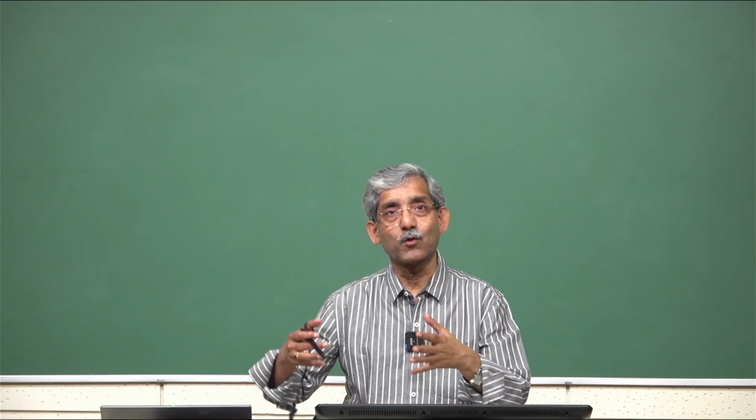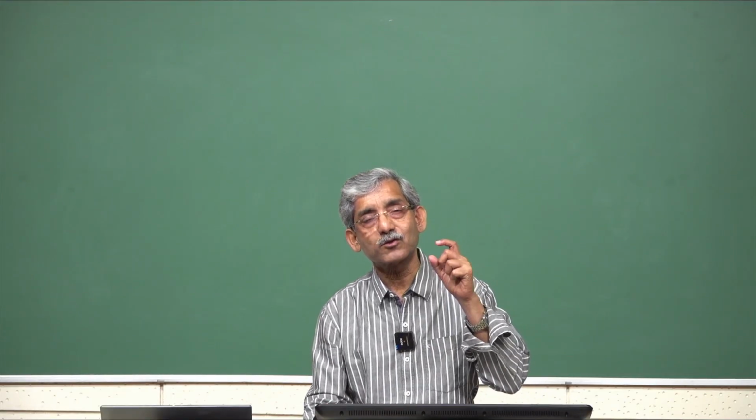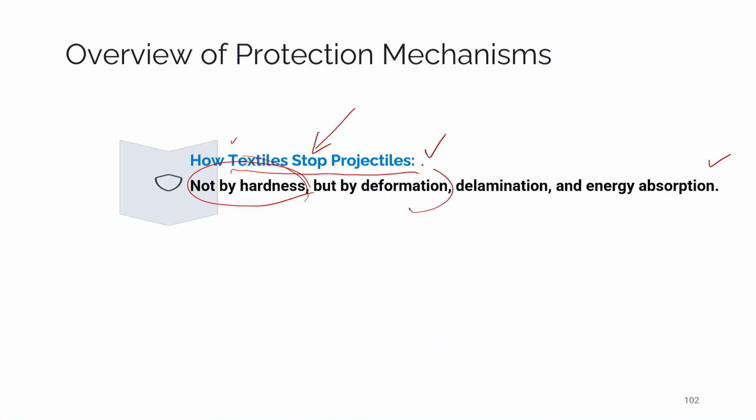So, textile stops the projectile not by hardness, but because of its softness the textile gets deformed. Not by hardness, but by deformation and delamination.